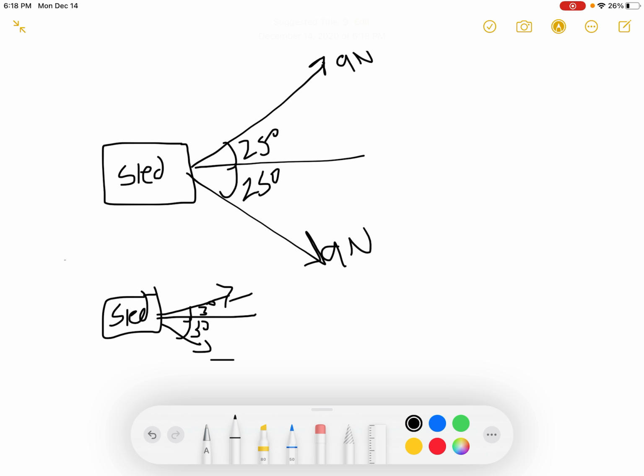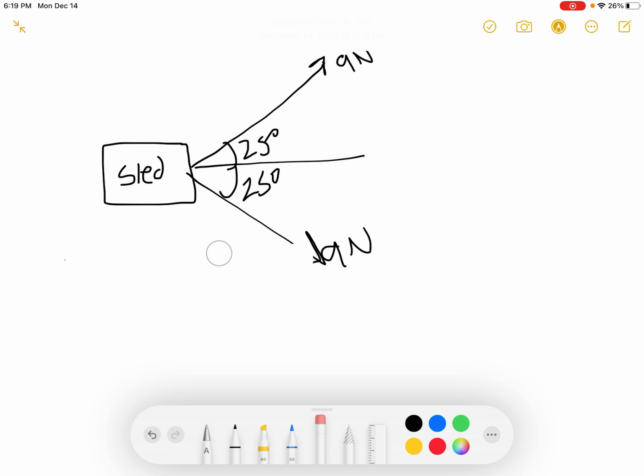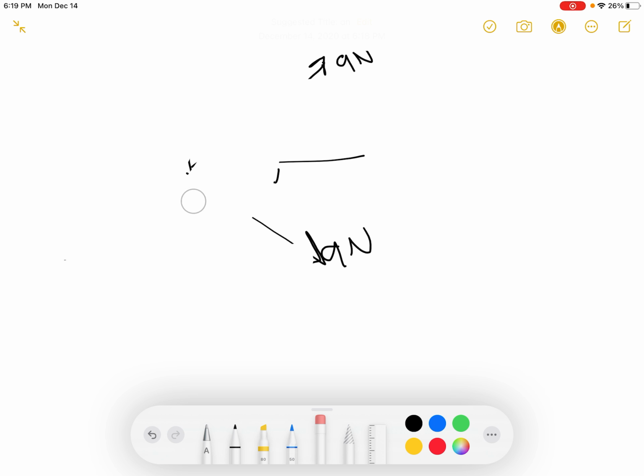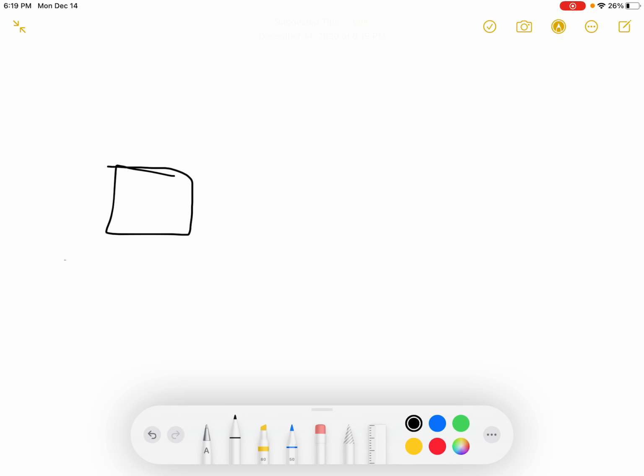Now, the second conclusion question is, you and someone else are pulling on an object with forces of 50 newtons and 75 newtons, respectively. You are allowed to pull in any direction. What range of values is possible? Okay, let's draw. Well, let's see.